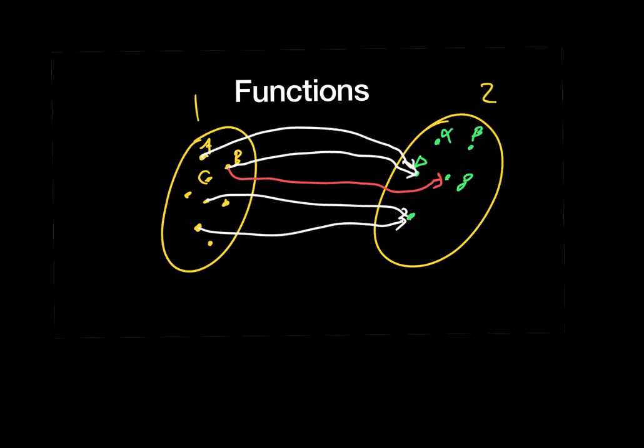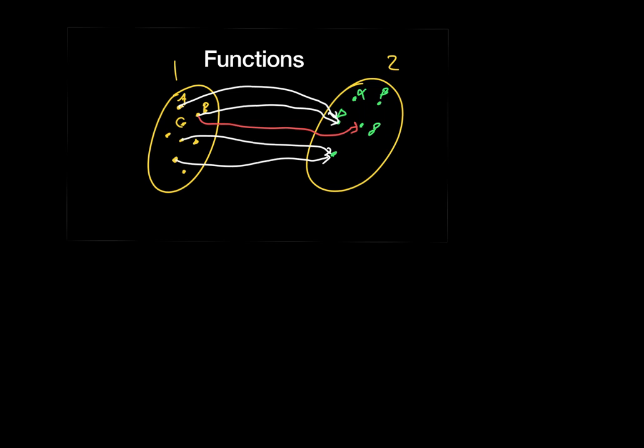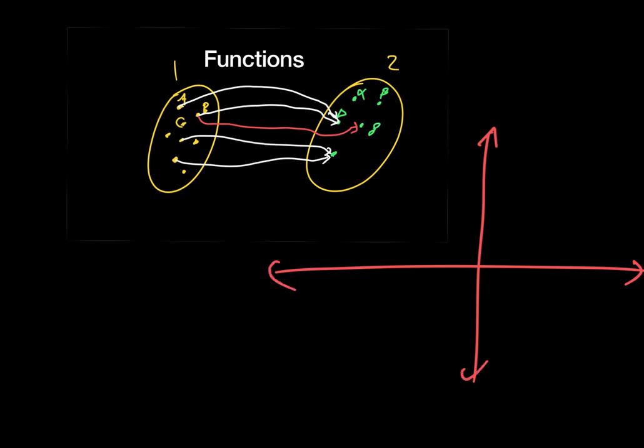You may have learned, in a Cartesian coordinate system, an example of a function would be something like a cubed function, where that goes down forever. That would be considered a function.